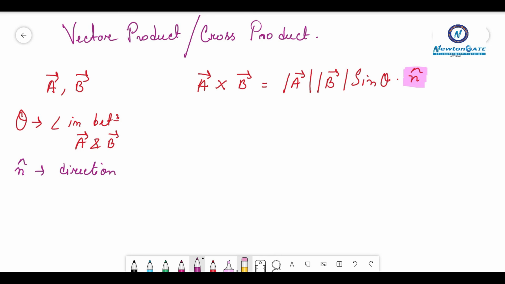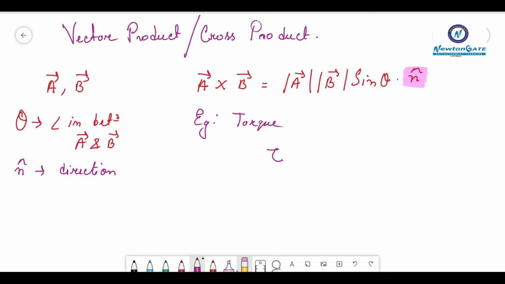Okay. What is an example? Example of vector product is torque. So what do we know torque to be? Torque is force into displacement again, but at some angle. Torque has a direction.